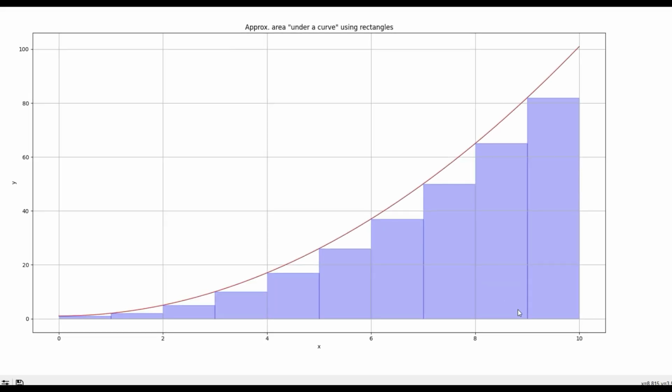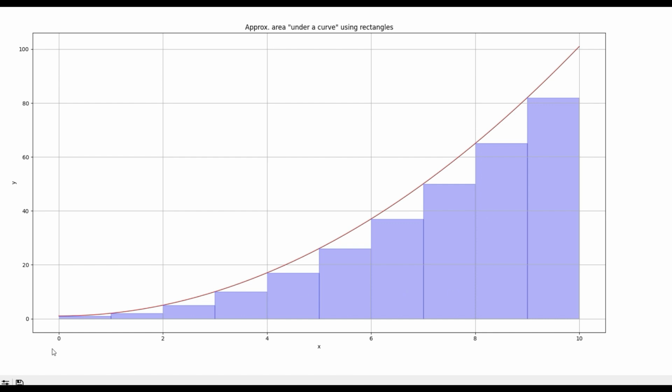So what can we do? Yes, we start drawing grids or rectangles, right? Then find the area of each of these rectangles and then add them up. Is it not? So this is going to give a very poor approximate answer.